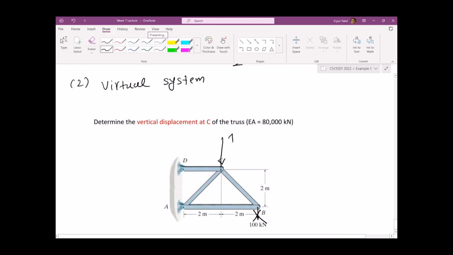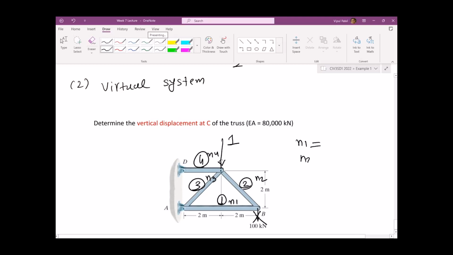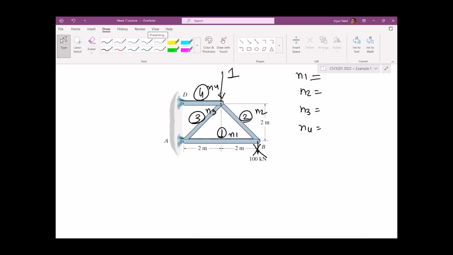So you're going to put the vertical virtual load at the point C, and we're going to put the same numbering, number 1, number 2, number 3, and number 4. So we're going to find small n1, small n2, small n3, and small n4. So let me draw the virtual system for you.